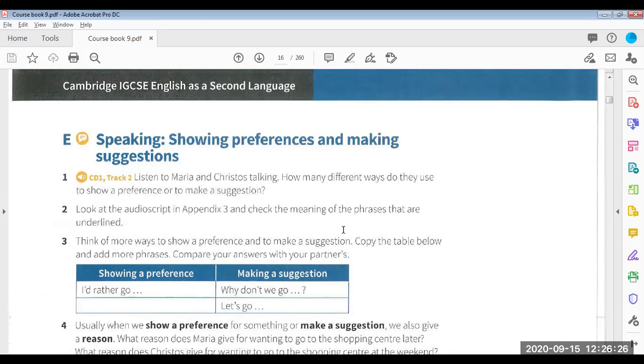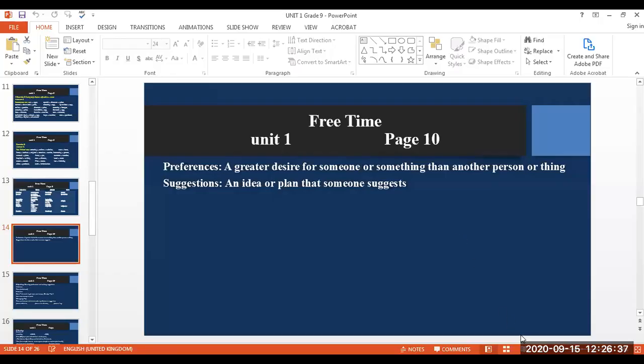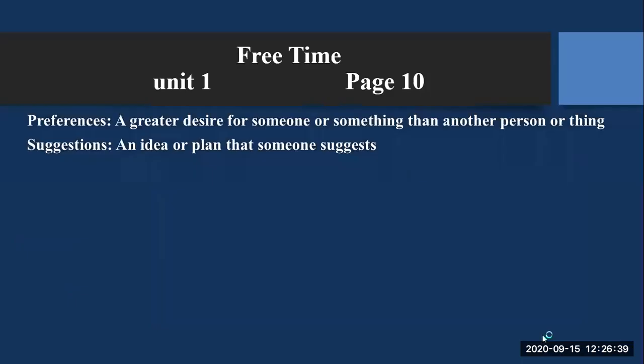Before we started the lesson, we discussed the definitions of preferences and suggestions with the whole class. Preference means a greater desire for someone or something than another person or thing.